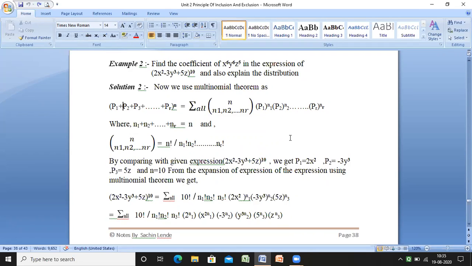So I am going to take any values of n1, n2, n3 from n. That's what they mention here.